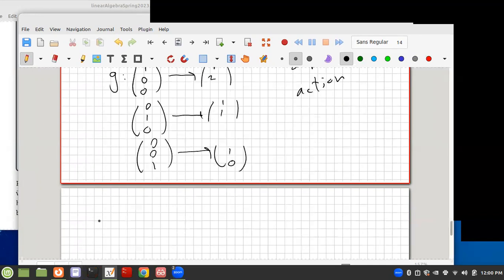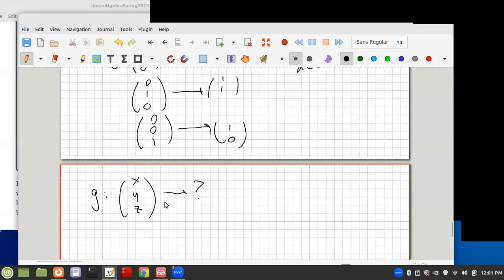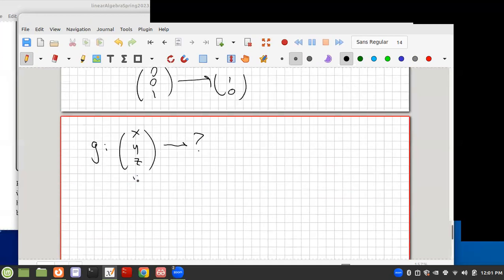What you do is you say, okay, G is supposed to map X, Y, and Z to something. We want to know what this is in terms of some two-vector with X's, Y's, and Z's in them. But we just know this. Because we've got the images of the basis vectors, we can say this vector equals X times 1, 0, 0, plus Y times 0, 1, 0, plus Z times 0, 0, 1, right?